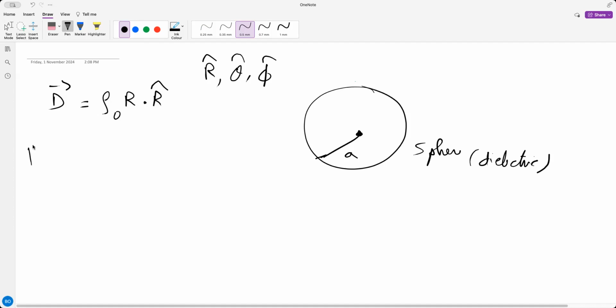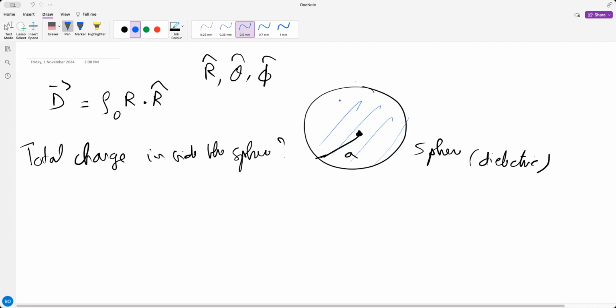So the question here is, calculate the total charge inside the sphere, the whole charge inside the sphere. So what is the total charge? We use Gauss's law. Gauss's law tells us that the total charge is equal to the surface integral of the electric flux density dotted with dS.